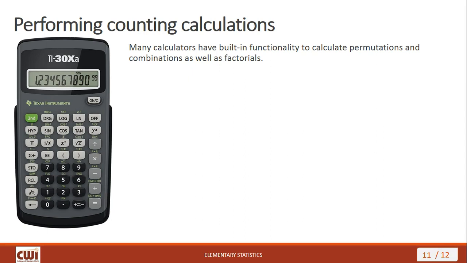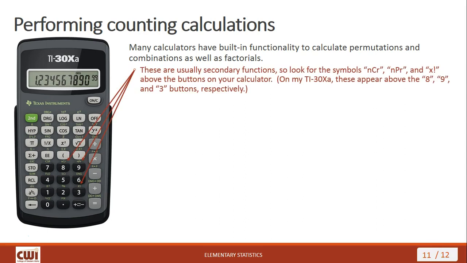When I'm calculating a number like, say, 23 factorial, I'm not punching into my calculator 23 times 22 times 21 times 20, and so on and so forth. That's laboriously tedious. No, I'm using the built-in functionality in my calculator to calculate it out. So here's how I do that.